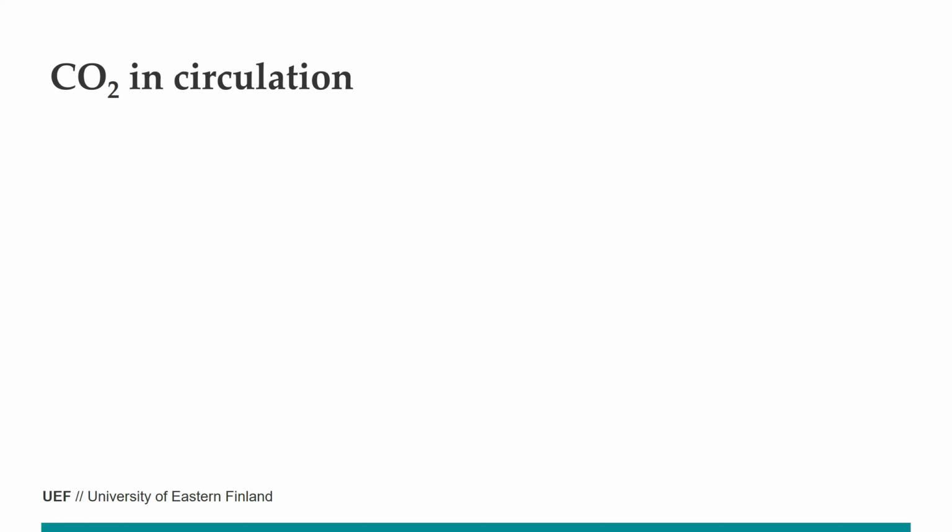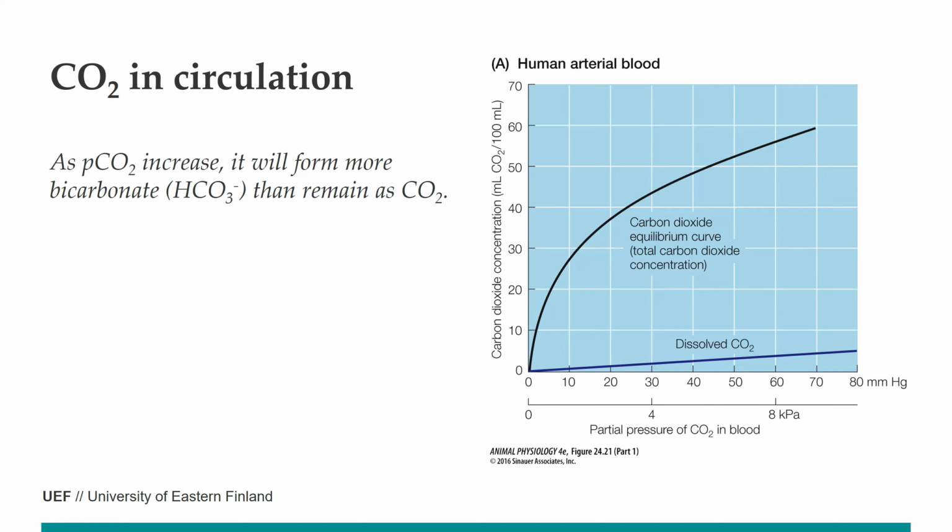So what about then in the circulation? When we have a higher partial pressure of carbon dioxide, we will have a higher concentration of carbon dioxide. But this is in all forms. So this is actually the concentration of carbon dioxide itself, and this is much higher.